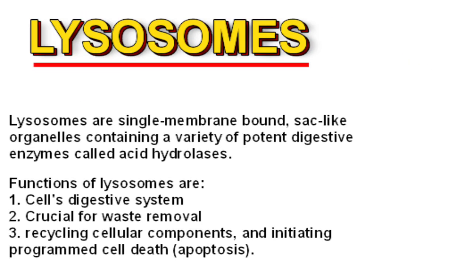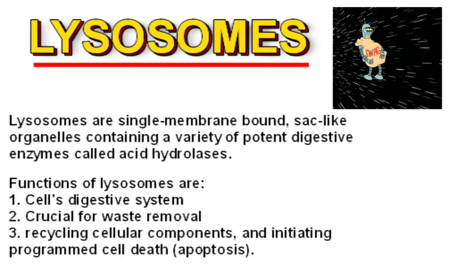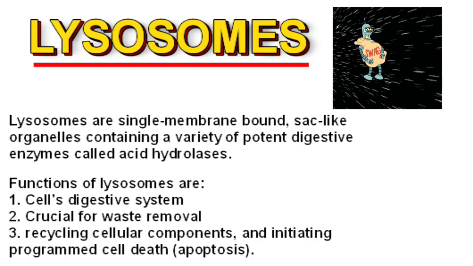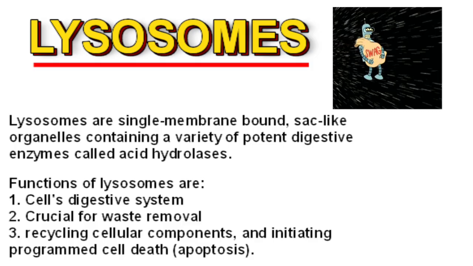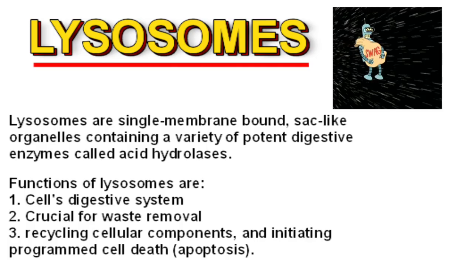The next organelle is lysosomes. They are single membrane bound sac-like organelles, sac means the bag, that contain a variety of potent digestive enzymes, also known as the hydrolytic or acid hydrolases enzymes. It is also known as the suicidal bag of the cell.